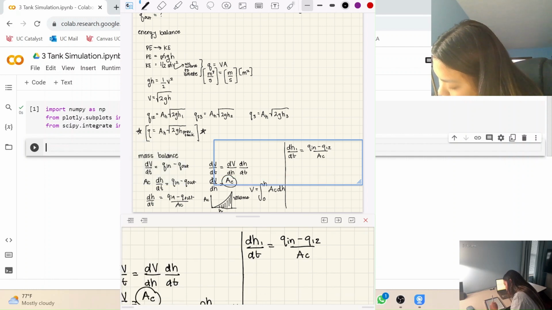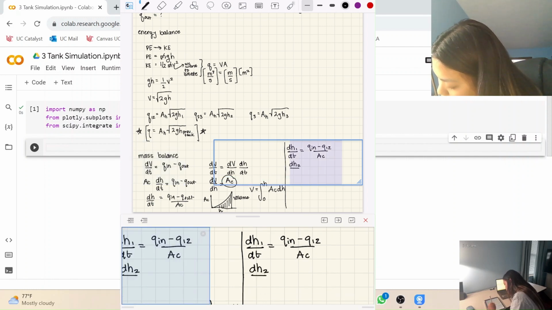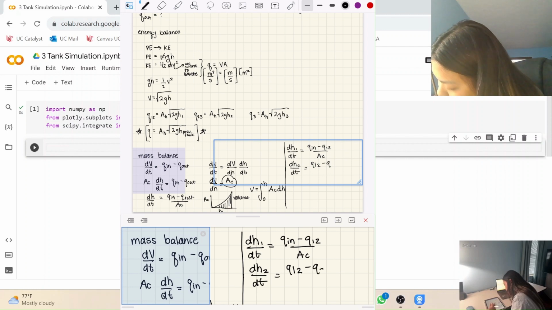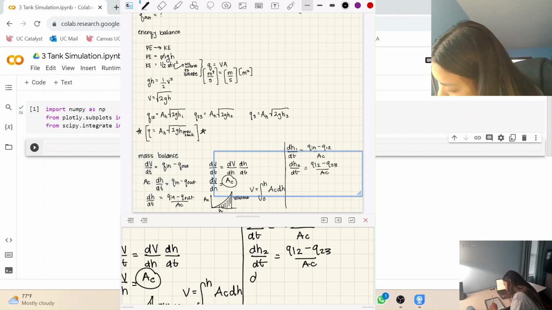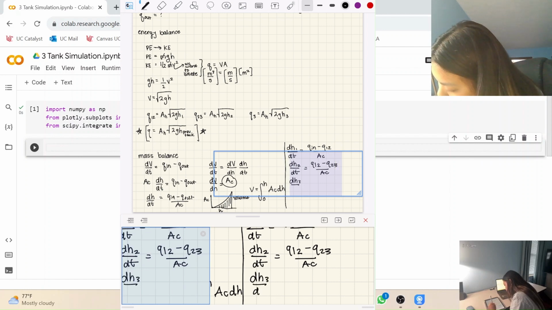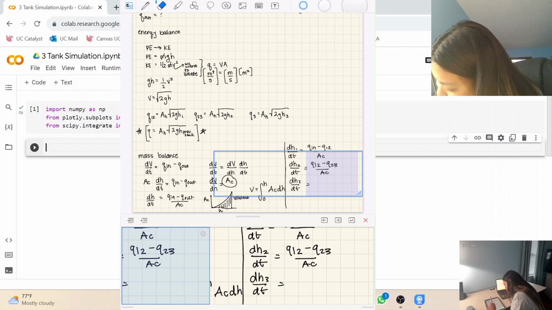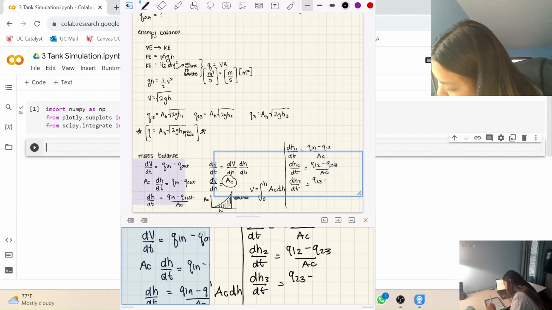The change in height of the second tank with respect to time is going to be the flow from tank 1 to tank 2 minus the flow from tank 2 to tank 3, divided by the cross-sectional area. And then the change in height of the third tank with respect to time is going to be the flow from tank 2 to tank 3 minus the flow out of tank 3, divided by the cross-sectional area.